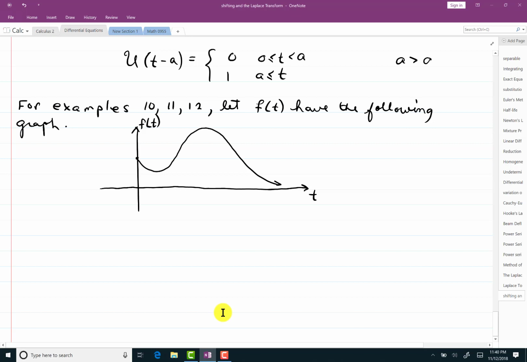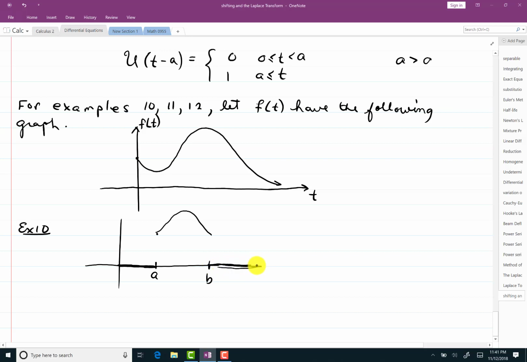So, for my example 10, here's the graph I'm given. We're going to start and just stay 0, I guess, right about there. We'll stay 0 until I get to A, and then we'll pick that part up until I get to B, and then after B I want to go 0 again.